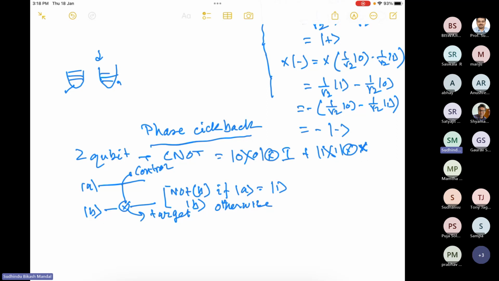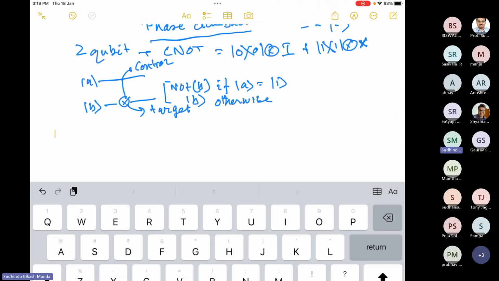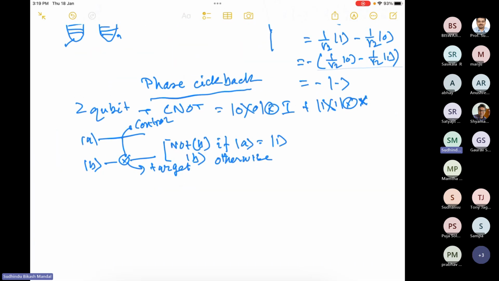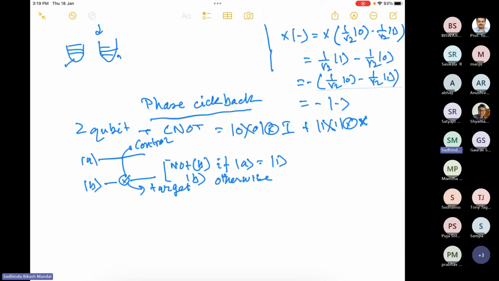We actually measure the cavity experimentally. By measuring the cavity, we try to understand what is the state of the qubit without destroying the state of the qubit. And this is done by some mechanism. I'm not telling what that mechanism is. Actually, really, I don't know this experimental setup very well.